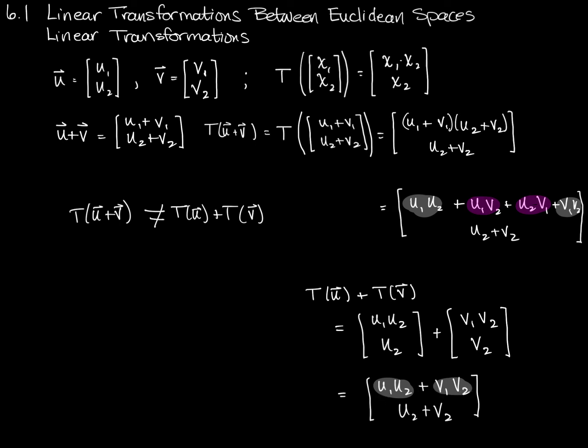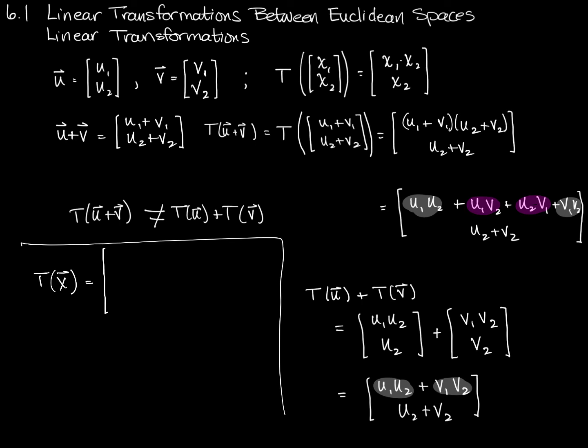There's an example in your textbook, 6.1.4. It's actually a participation activity. It gives the transformation T of X, they're using X instead of U or V, and they tell you that X is in R2, so it's a two-dimensional vector.